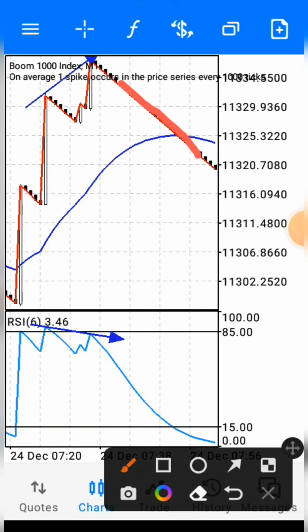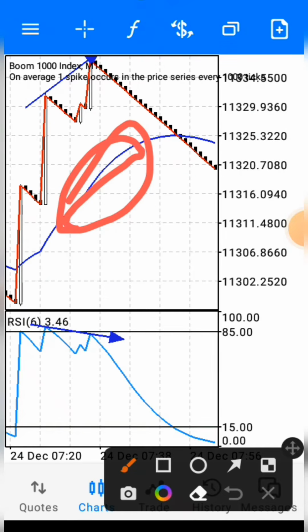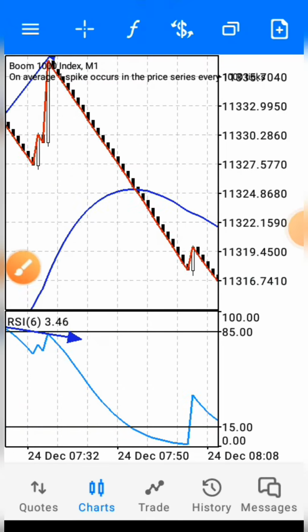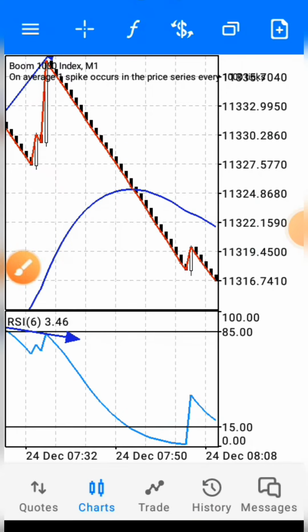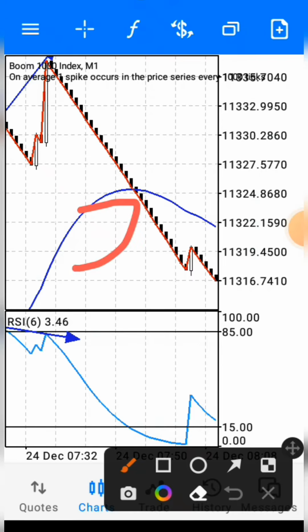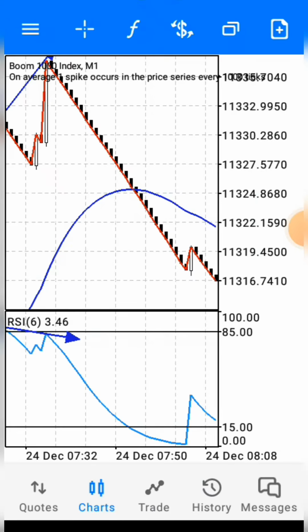You can see. So now this is where our third condition came in, and this blue line is our third condition. What we need to wait for is a crossing. Okay, we need to wait for price to cross this blue line. This blue line here is our safe zone, because most of the time when this happens, sometimes it will still be spiking.